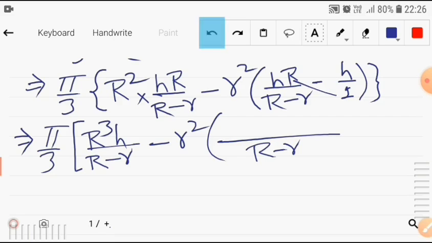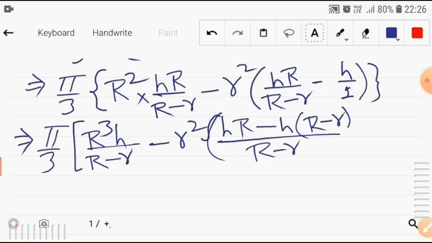So hR multiply 1 is hR minus h multiplied by R minus r. So in this way you will solve it. This will be the curly bracket.